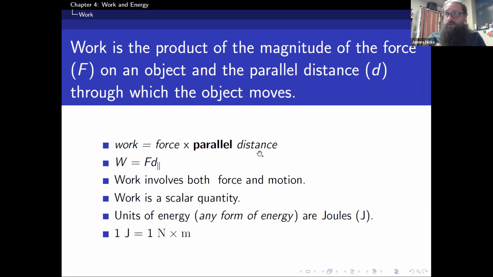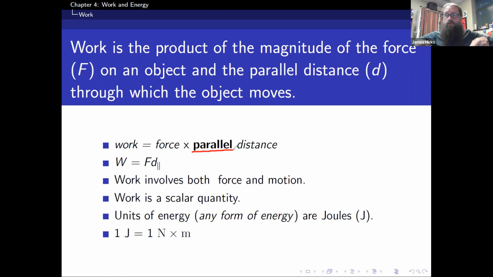We're going to jump right into this with an equation. And I want to point out one quick thing, that this is parallel distance. What that means is that if I apply my force and my object moves in the same direction, those are completely parallel. But it's possible that maybe I'm pushing up and to the right and my object still just moves to the right. Maybe it's constrained somehow.